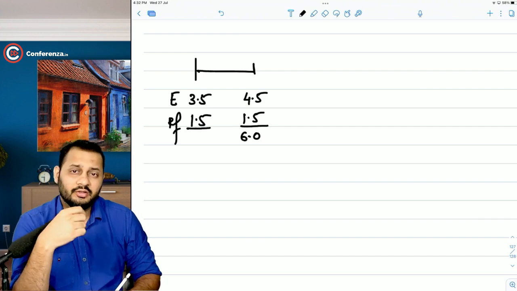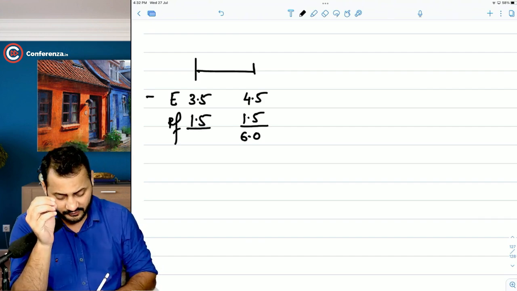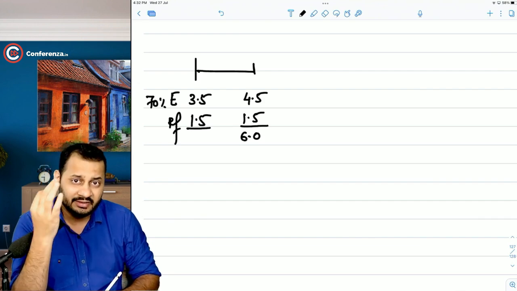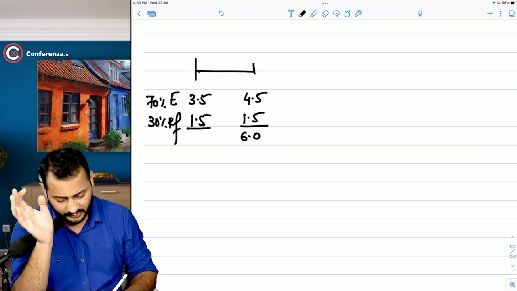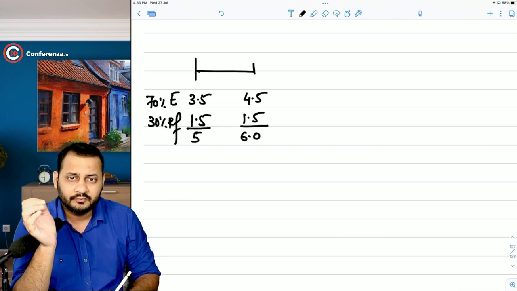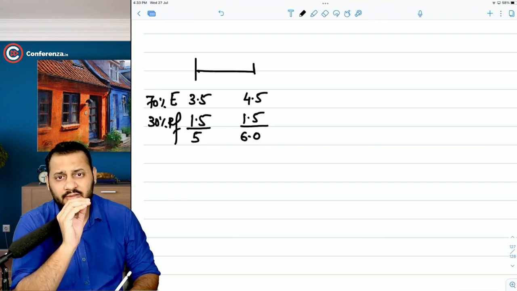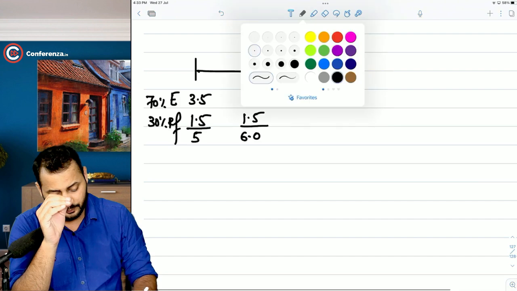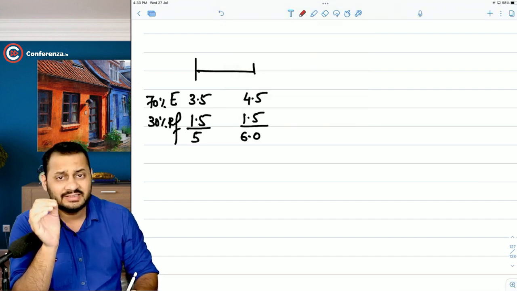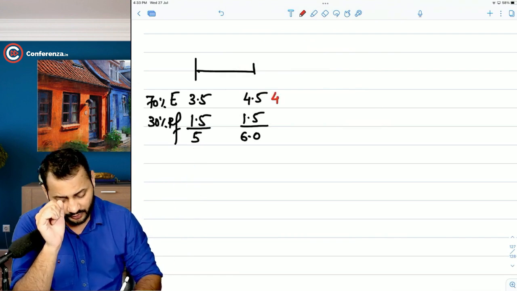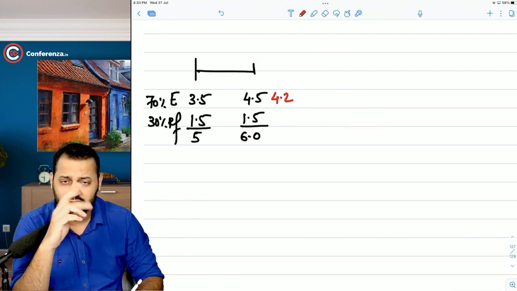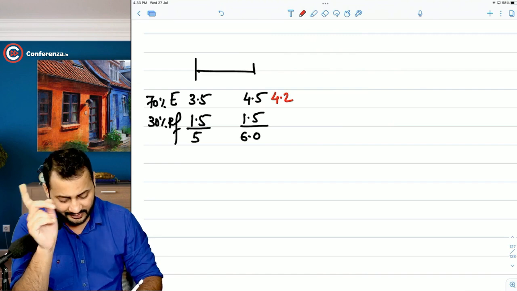But your strategy was to keep 70% of the total investment in risky stocks and 30% in risk-free. If you want to keep following that strategy, the balance in the equity shares should be 70% of 6 lakhs, which is 4.2 lakhs. 7 into 6 is 4.2, and 30% of 6 lakhs comes to 1.8.